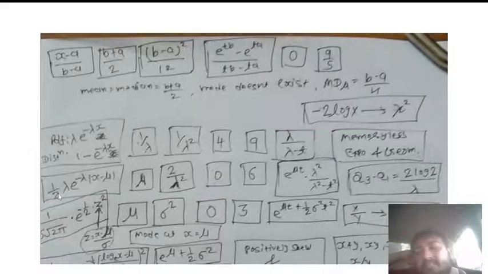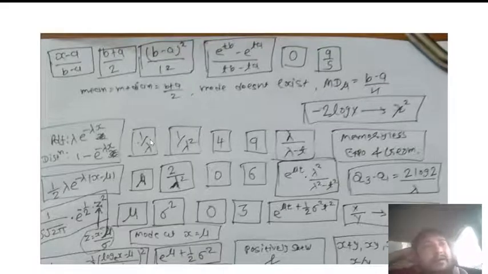Just compare both: in the exponential distribution, it is lambda e raised to minus lambda x, and in the double exponential distribution, it is multiplied by 1 half, and x is replaced by mod x minus mu.